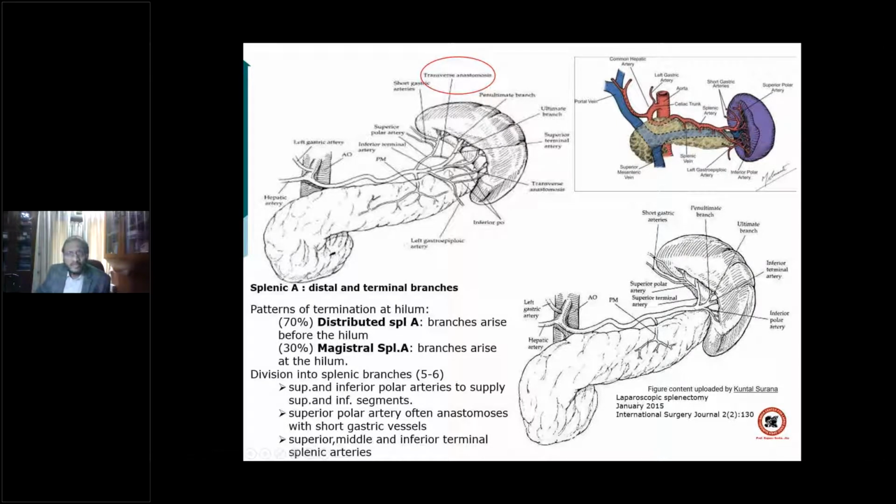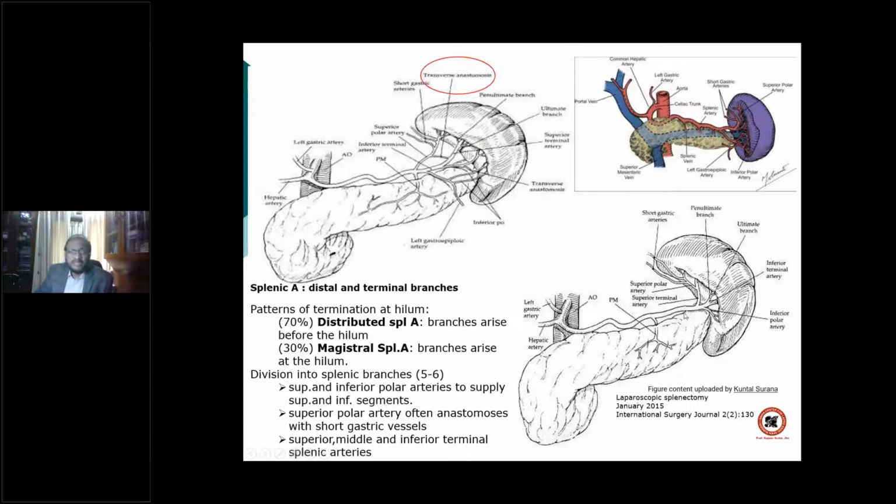But here, you can't afford to ligate the splenic artery here. You're going to devascularize the pancreas. So you have to ligate each one of them separately. And that's why devascularizing the spleen with a distributed splenic artery is slightly more difficult as compared to the magistral pattern of distribution.